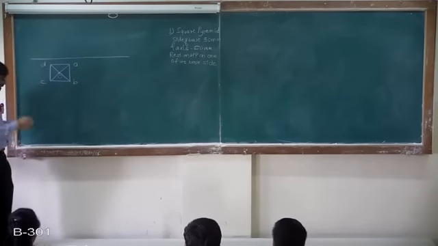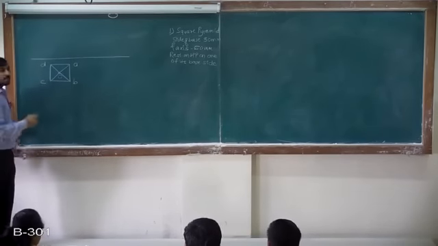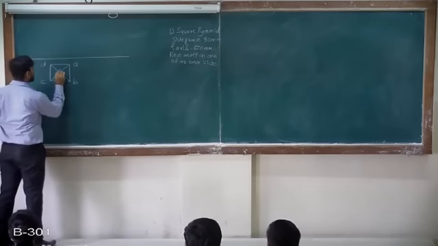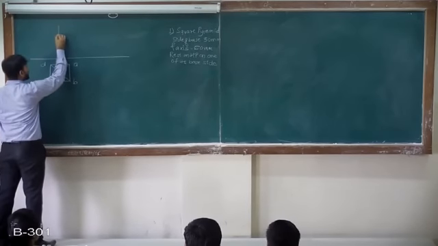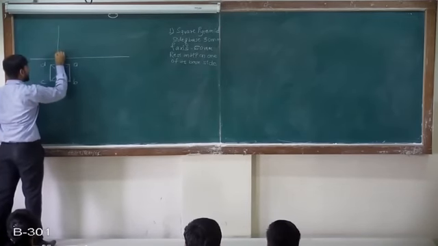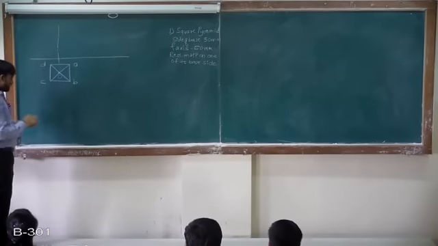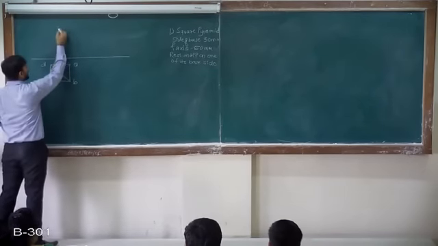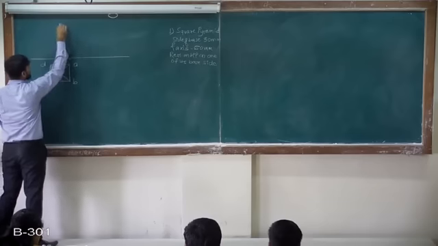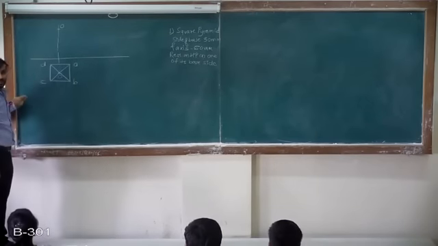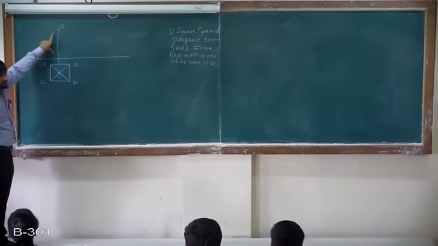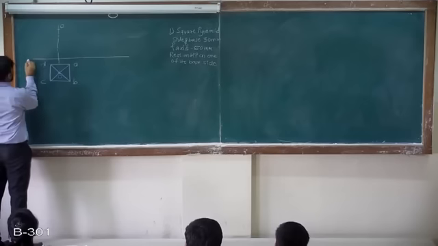Now, how to draw the front view? Axis height is given, so I will project this point. I will draw the axis, and the axis height is 60 mm. On this, I will mark this distance, let's say as apex O, with this distance as 60 mm.